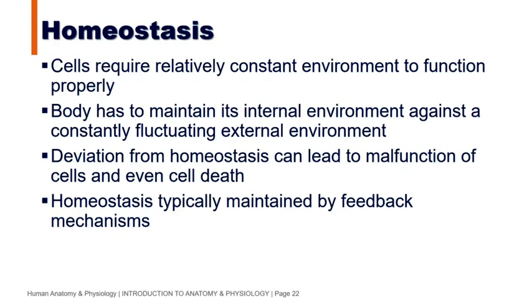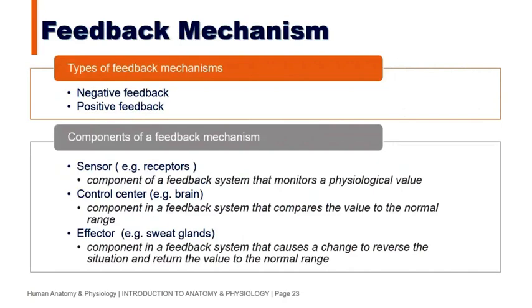Homeostasis is typically maintained by feedback mechanisms. So what are feedback mechanisms? We have the negative feedback and we also have the positive feedback. The components of a feedback mechanism: we have our sensors or our receptors, which is a component of a feedback system that monitors a physiological value.